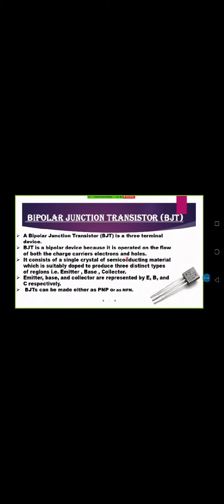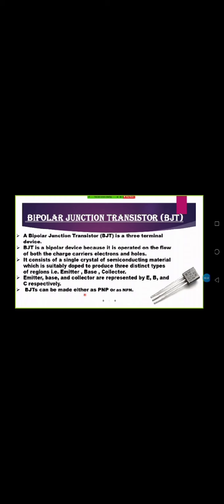It consists of a single crystal of semiconducting material which is suitably doped to produce three distinct regions: emitter, base and collector. Here these three parts represent emitter, base and collector respectively. The emitter is represented by E, the base by B and the collector by C. These BJTs are of two types, PNP and NPN.